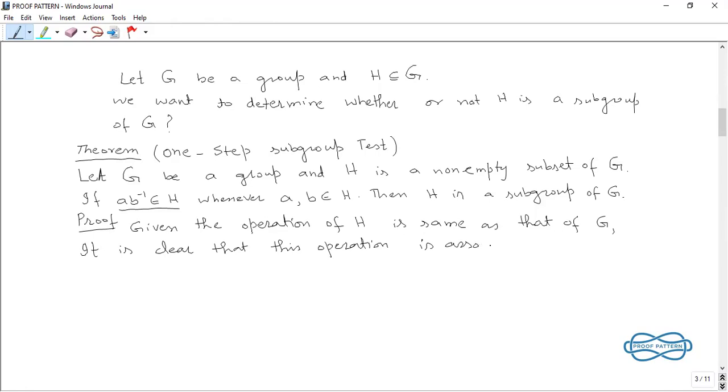So one condition is trivial. The other three we have to prove.